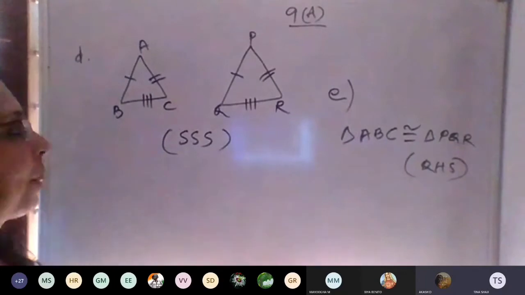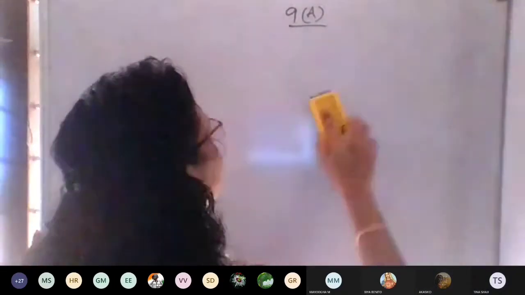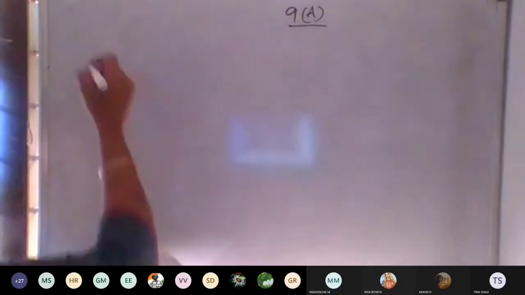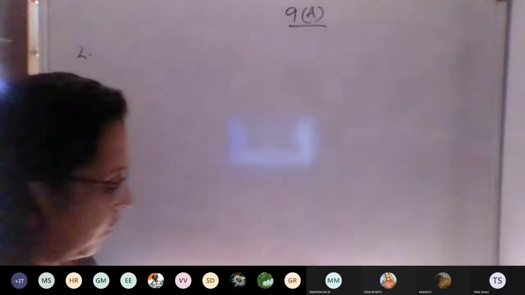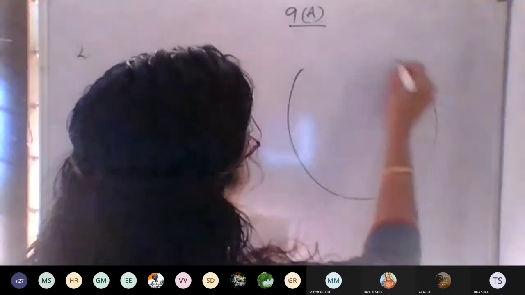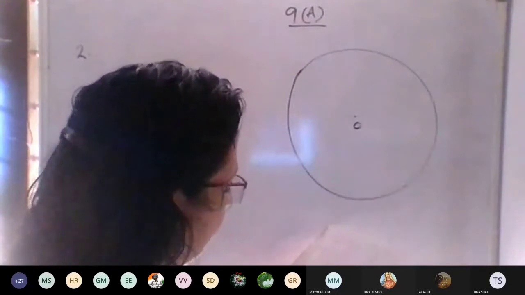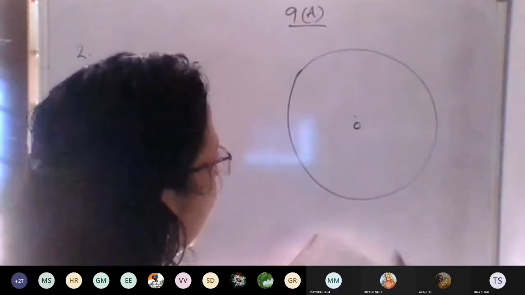Just read that question. So you are familiar with congruency. So what are the things we have to do for proving OP is perpendicular to AB? The second question is: the given figure shows a circle with center O. P is the midpoint of chord AB.